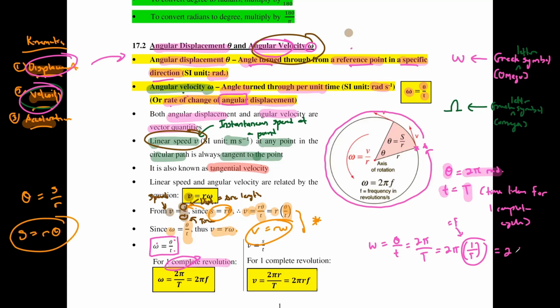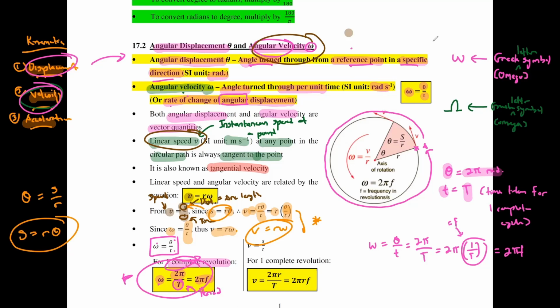So I get 2 pi f. That's why angular velocity equals 2 pi over T equals 2 pi f. Bear in mind that this T here is period, the time taken to complete one full cycle. This is something that you will use quite often later on also. This is quite important.